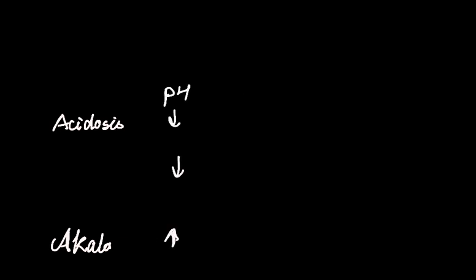At the end, I just want to give you a little bit of summary. If it is acidosis, the pH would always decrease, and in alkalosis pH would always increase. If it is respiratory acidosis, then CO2 would increase. If it is respiratory alkalosis, then CO2 would decrease.